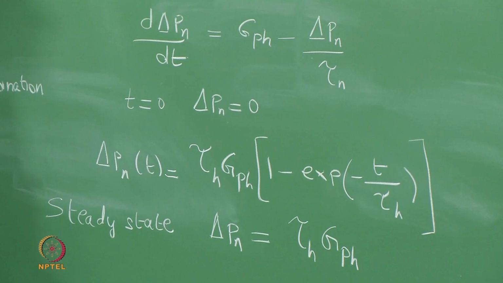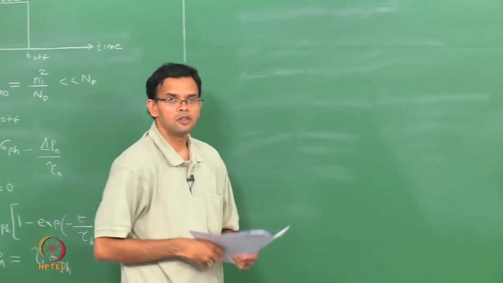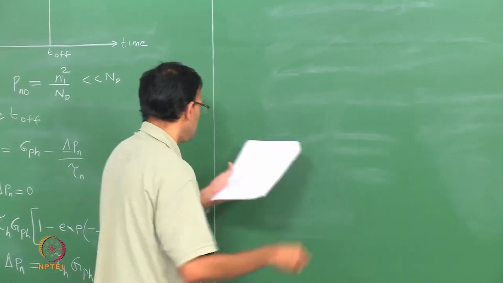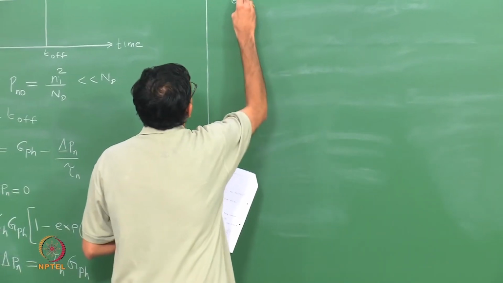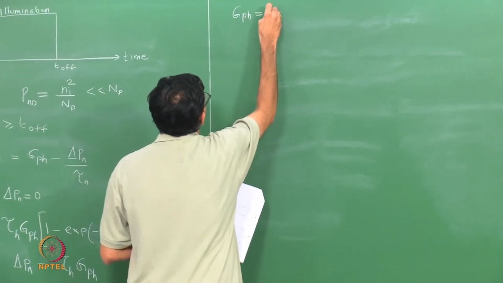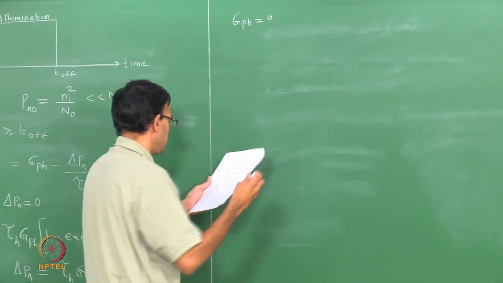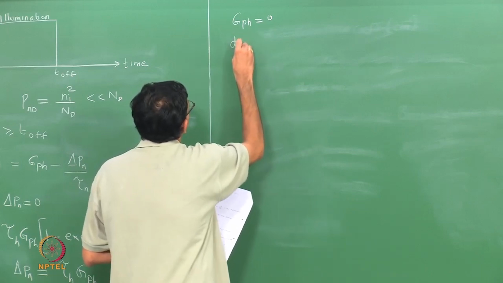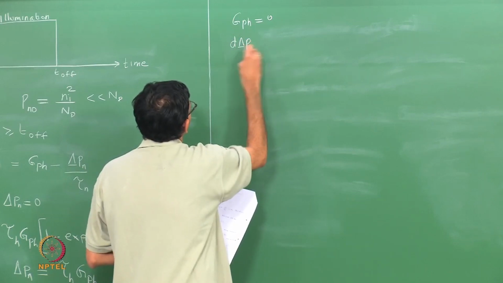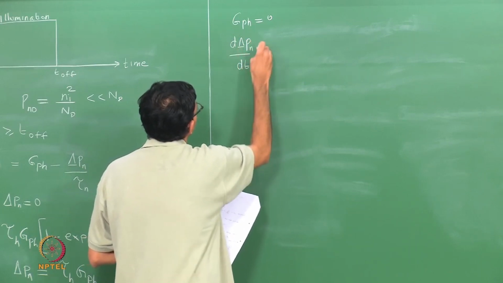Now I am going to turn off my light and we will see what happens. So Gph is 0, there is no more generation of electrons or holes. Then the equation just reduces.